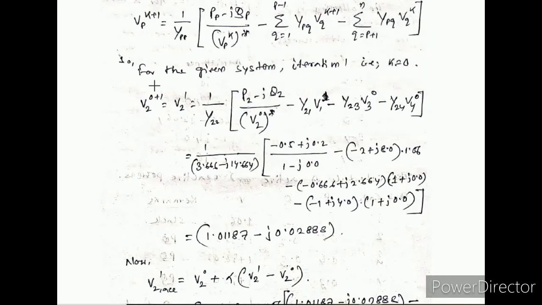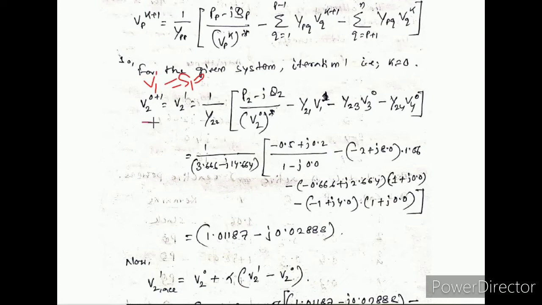Here V1 is not given because V1 is the slack bus. So V1 to the power k plus 1, that means V1 to the power 1, is nothing but a specified value. It will not change. Now we need to proceed from V2.